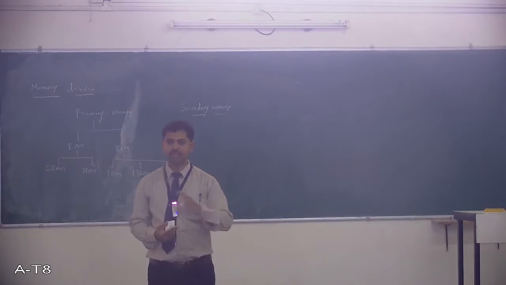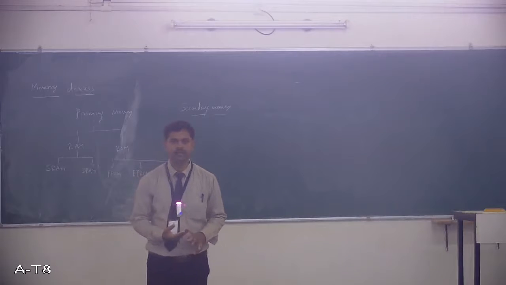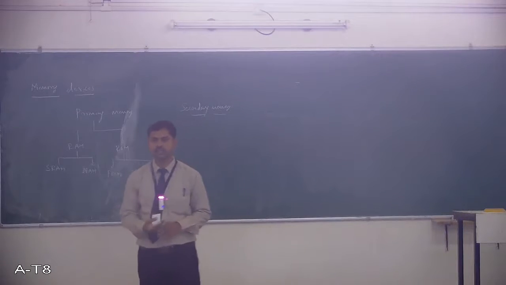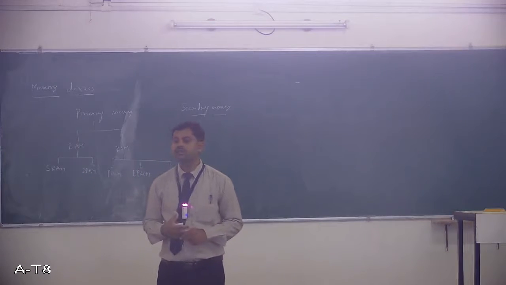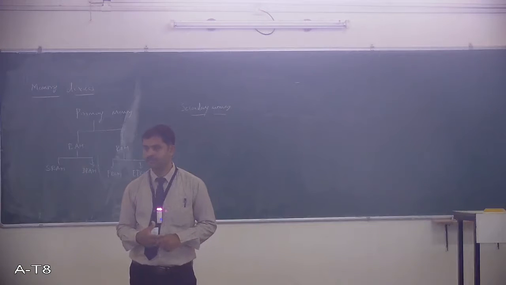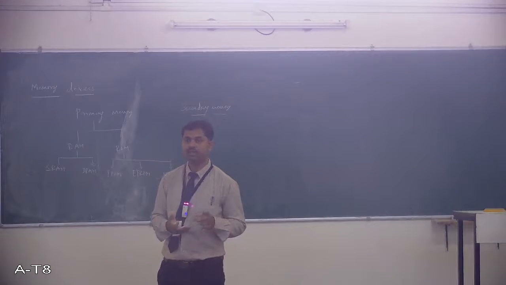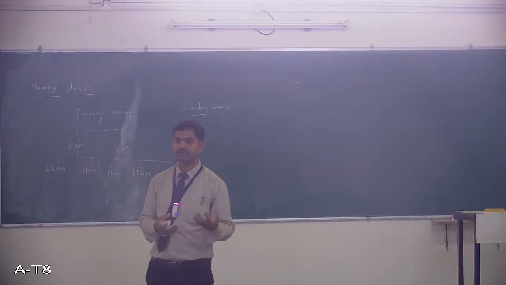Based on that you have a classification, that is RAM and ROM. RAM is volatile, ROM is non-volatile. Even after removal of the power, the memory can hold the data, right? But RAM is not like that. So RAM is random access memory, which is a volatile memory. It can retain the data as long as the power is there.